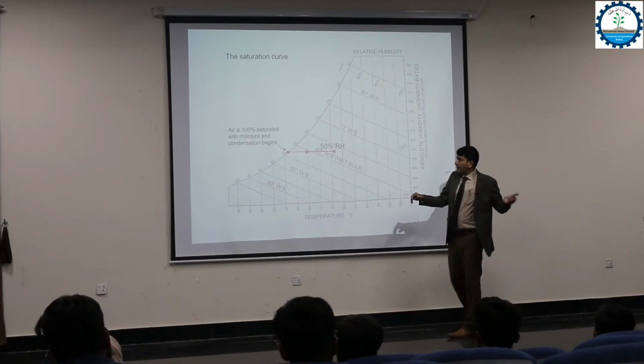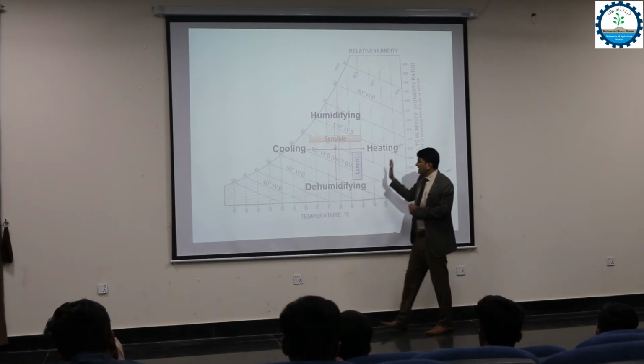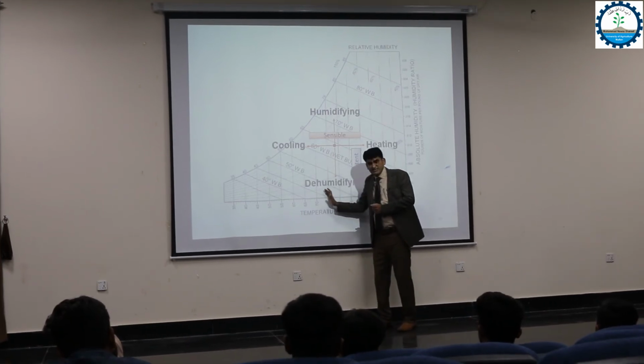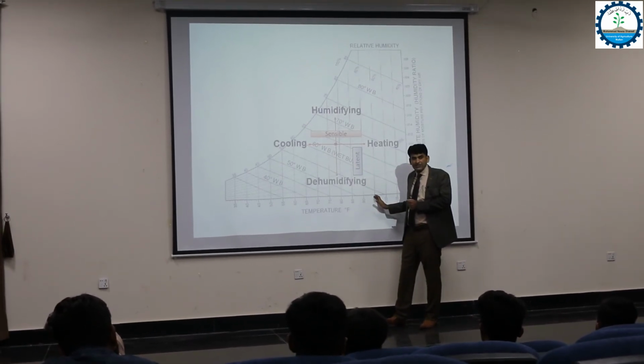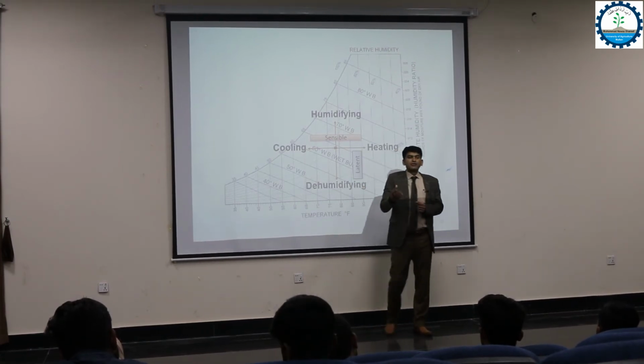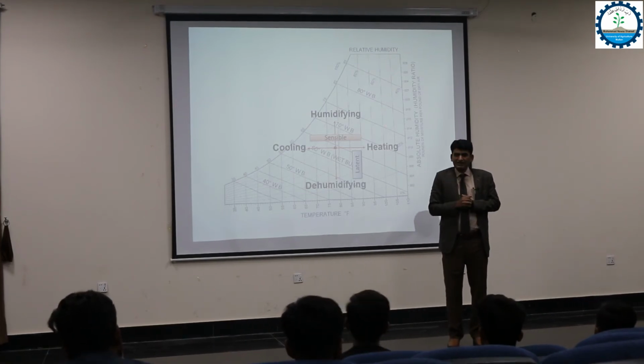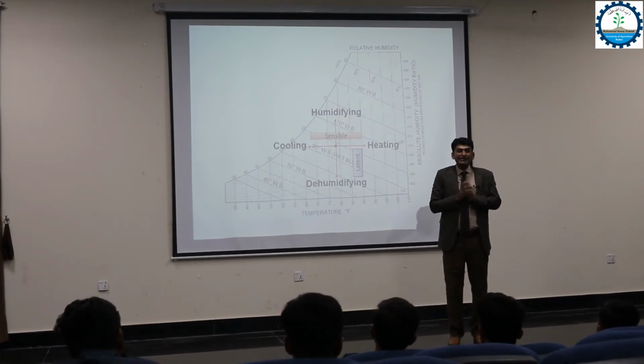Another point you will see: the change in temperature, the increase or decrease in dry bulb temperature, you can easily predict with your thermometer. That is sensible heat.